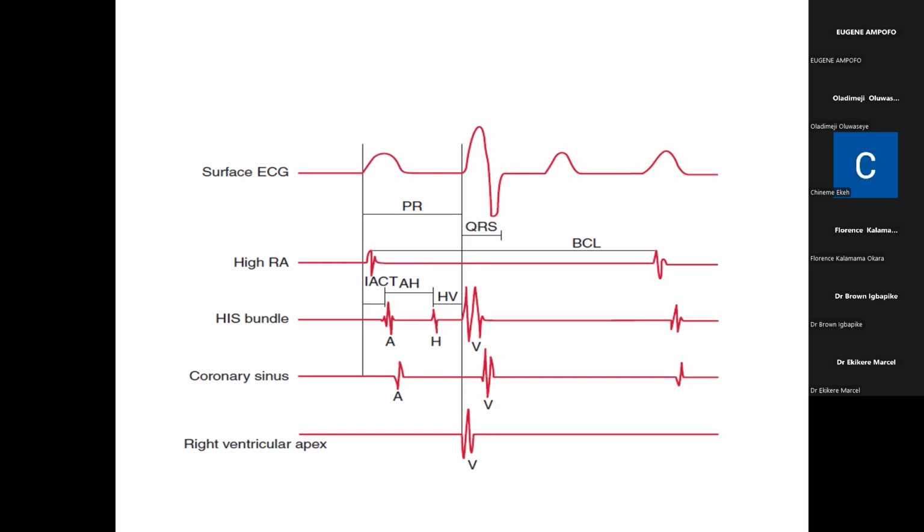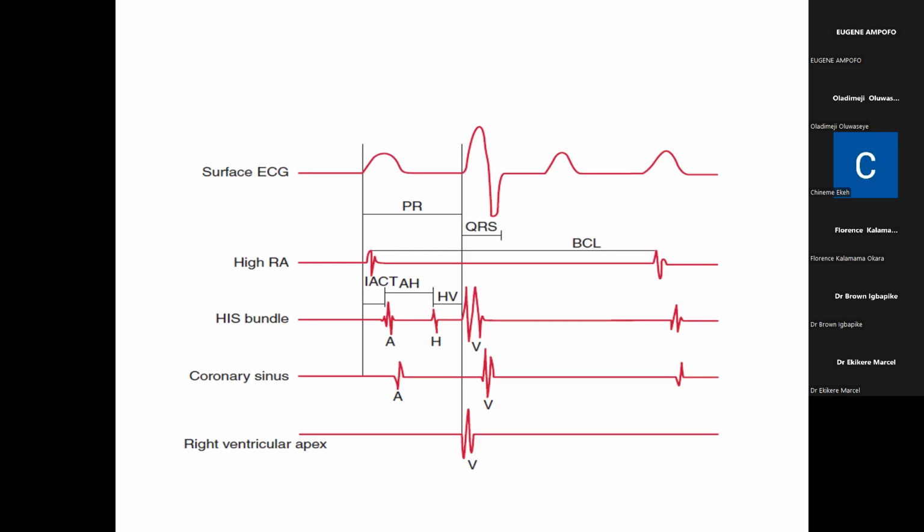Remember, we said that the coronary sinus catheter, I need to bring your attention to this. Remember, I said that it's in the coronary sinus, which is in the groove. And the coronary sinus runs in the atrioventricular groove, right? Which is behind the left atrium and left ventricle.